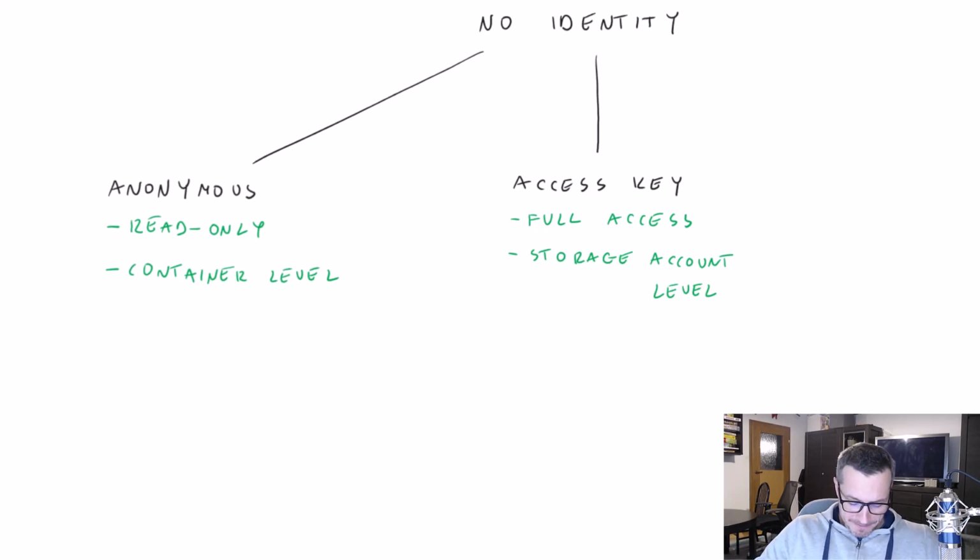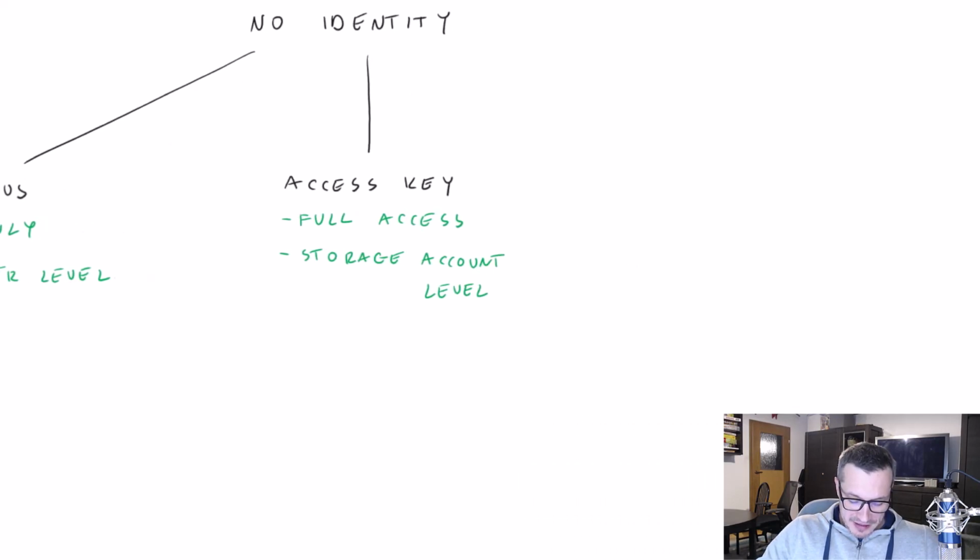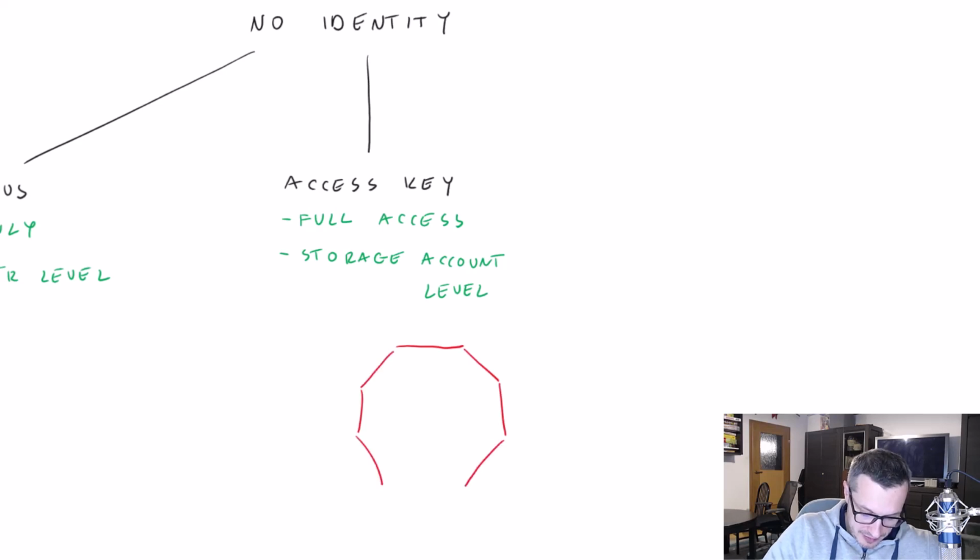And basically, because it gives us such powerful permissions, it is highly advised to not use it at all, unless there is no other way to connect to your data. So let me draw a big red stop sign.